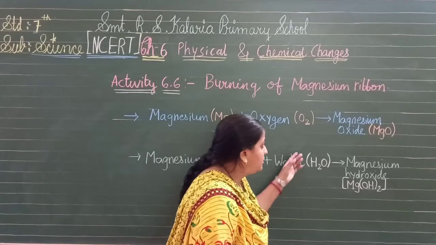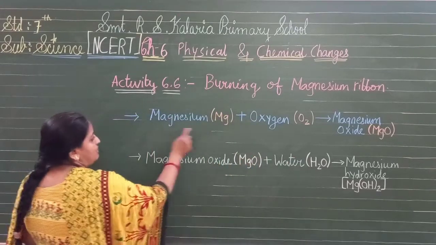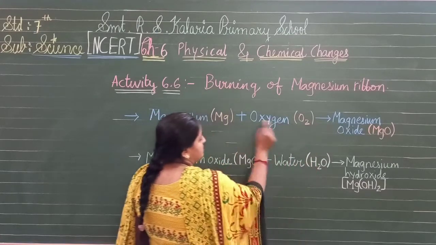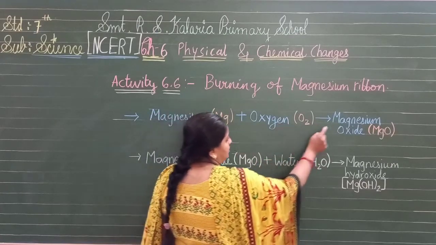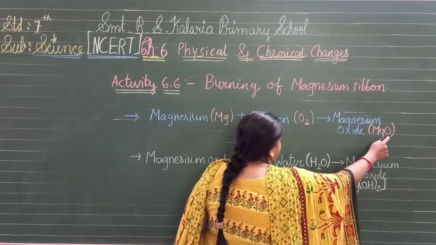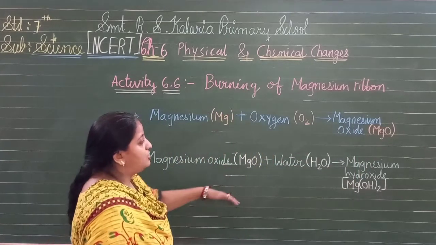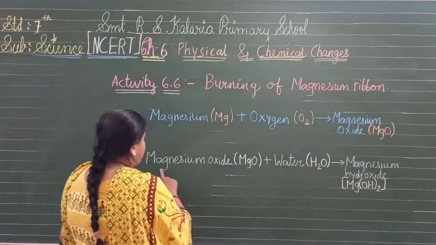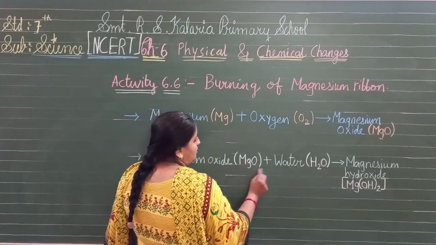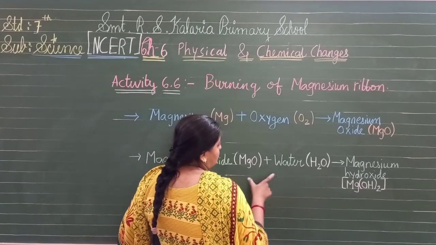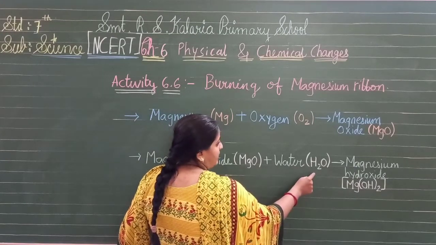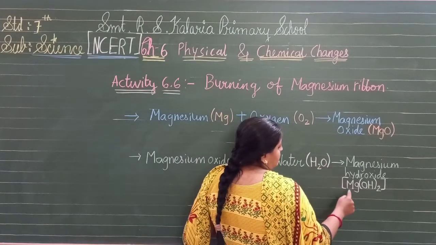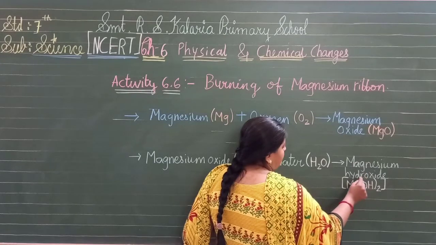So this is about the two equations. Magnesium, that is Mg, with oxygen O2, which implies when it comes in contact with oxygen at combustion, we get magnesium oxide, MgO. With the next new equation, if we mix this MgO in water, magnesium oxide MgO plus water H2O, dissolving them in water, gives a new product, which implies Mg(OH)2, magnesium hydroxide.